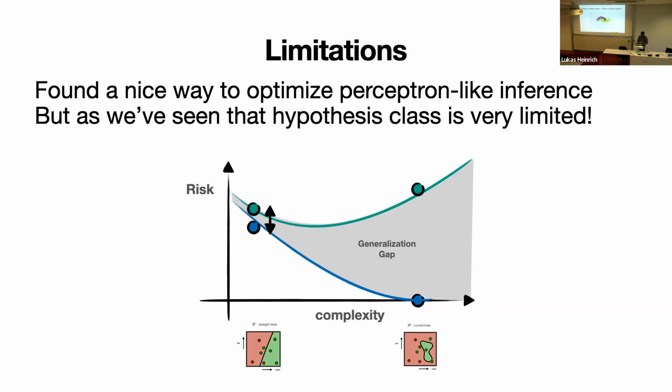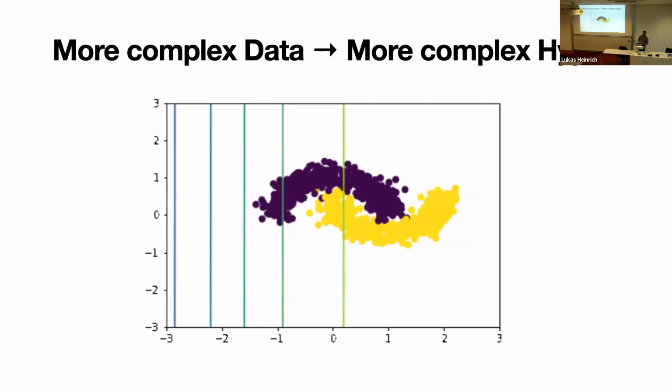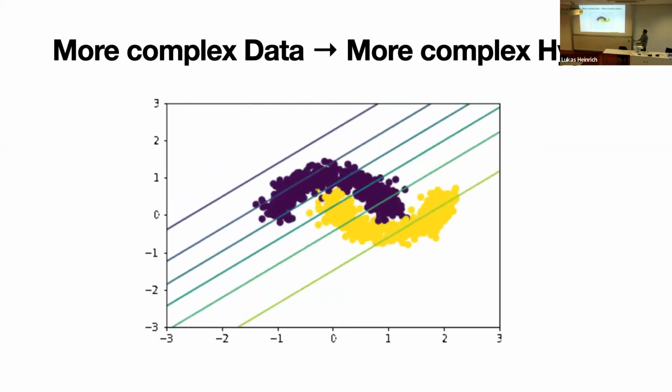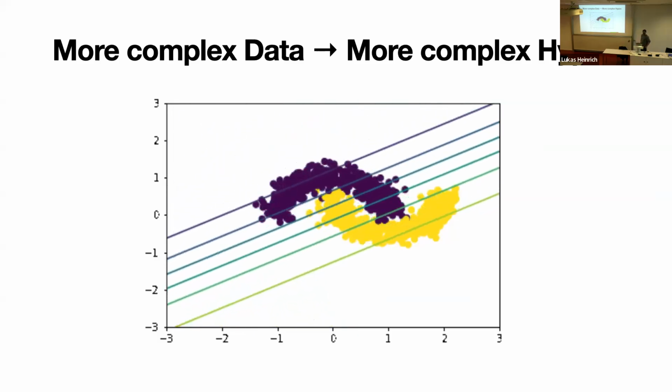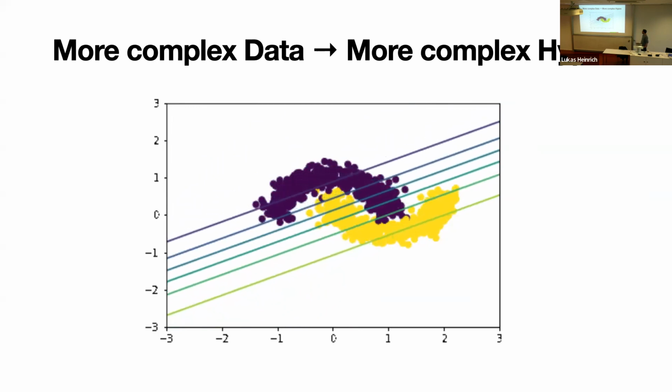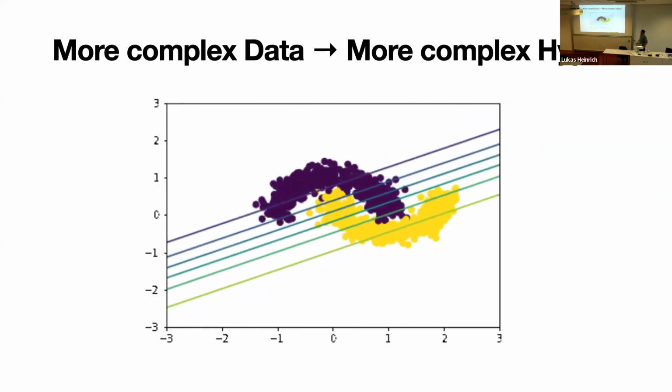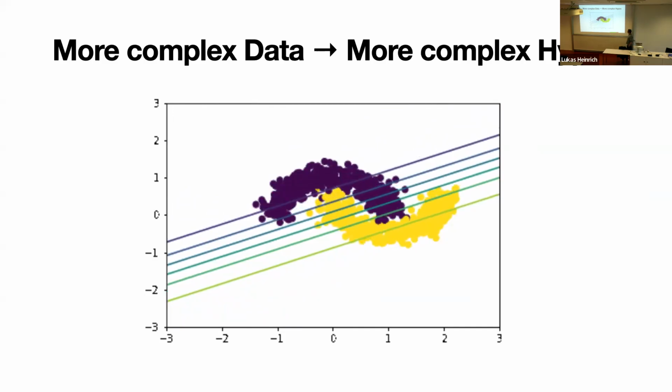And so here's an example of a famous benchmark data set in machine learning called the half moon data set. This is clearly not a linear decision boundary. You can do machine learning with the perceptron on it, but it's going to do the best job it can, and it's not going to be very good, right? You end up misclassifying quite a few points.